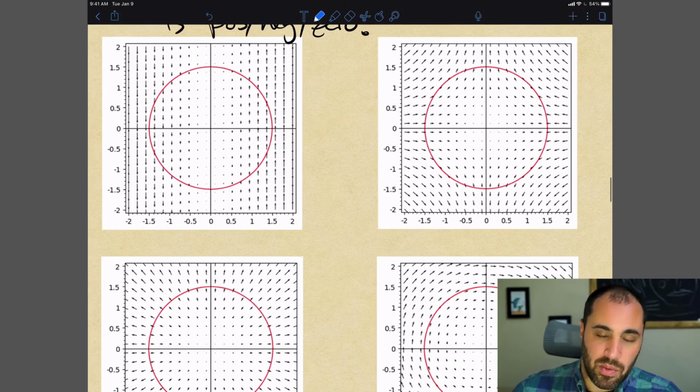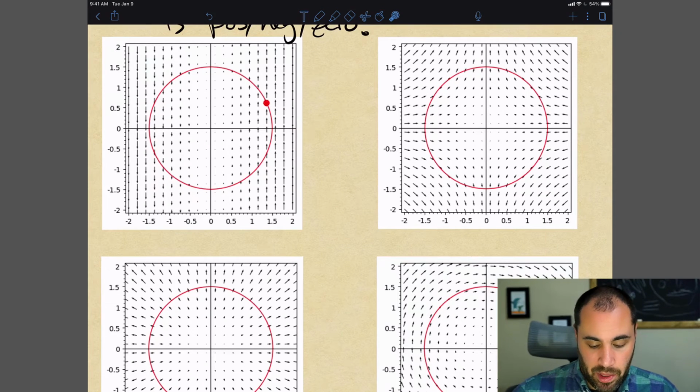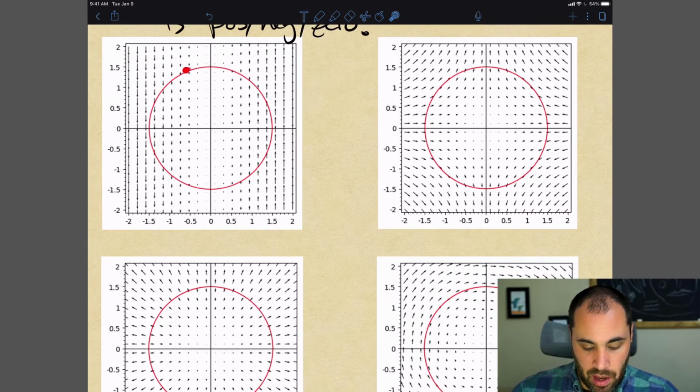So if we look at this first one, when we're in the first quadrant, I think you'd agree the vector field is definitely helping. It's moving us up as we're going up and to the left. In the second quadrant, it's helping again. It's pushing us down as we're moving down to the left.